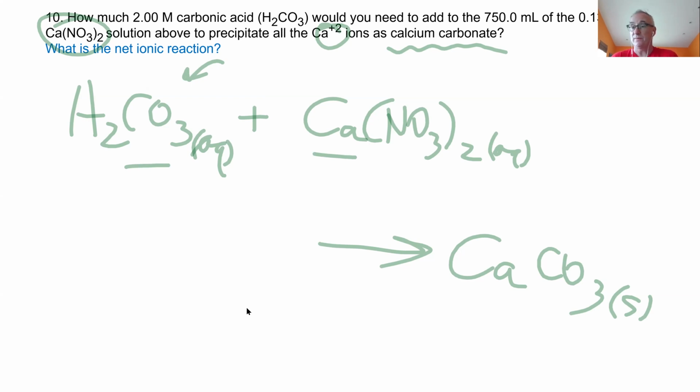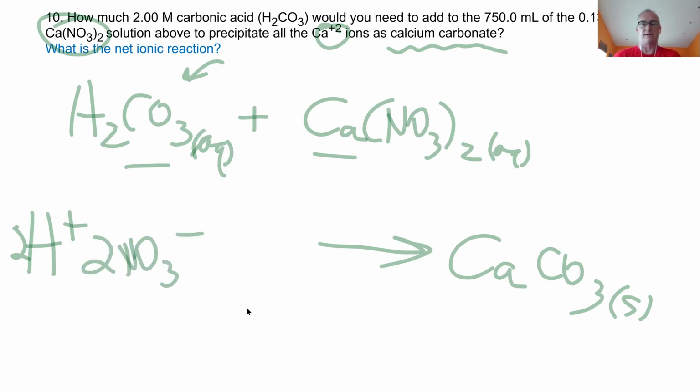The other 2, again, are going to be spectator ions. So they're not involved in the reaction. So our spectator ions this time are going to be 2 moles of H plus and 2 moles of nitrate ion.